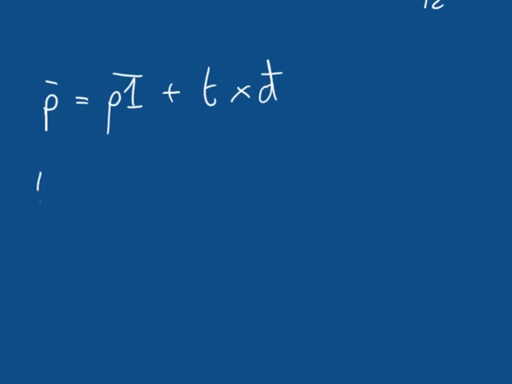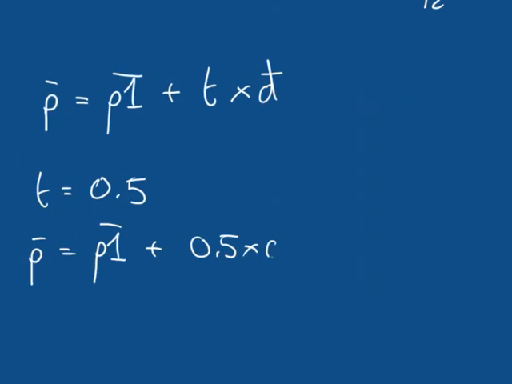So let's say that t was equal to 0.5, for example. Well, then we get that p is equal to p1 plus 0.5 times d.